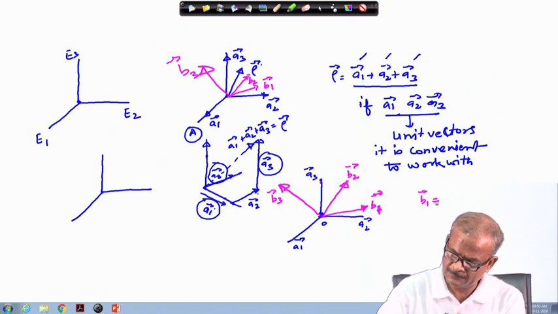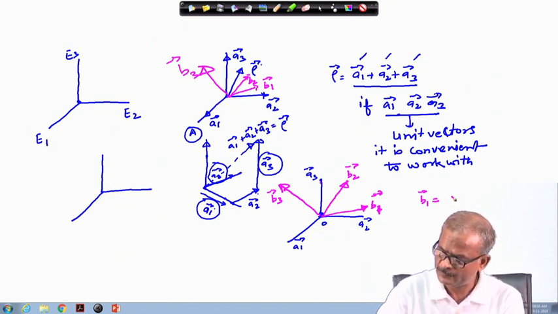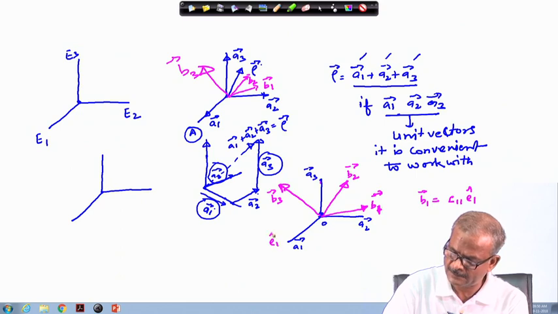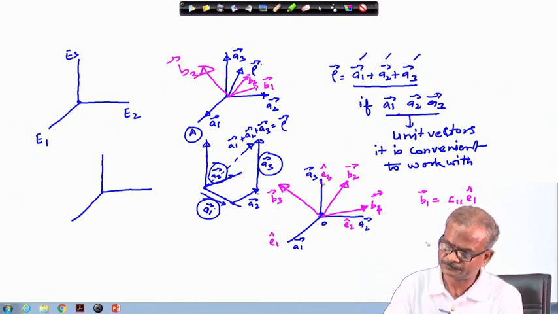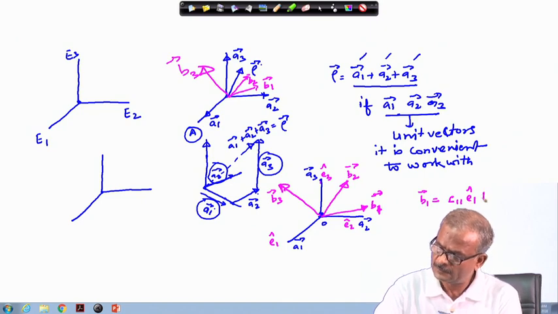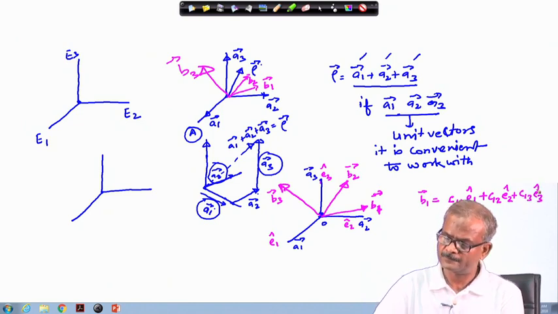So, if we have the corresponding vector, let us say we write this as C 1 1 times E 1 cap, where E 1 cap is the unit vector along this direction, E 2 cap along this and E 3 cap along this direction. Okay. So, C 1 2 E 2 cap, C 1 3 E 3 cap.